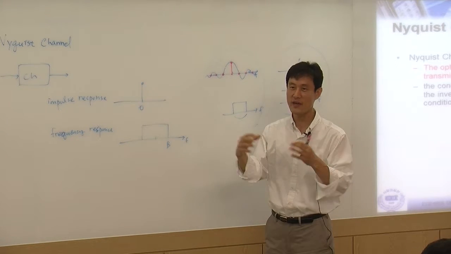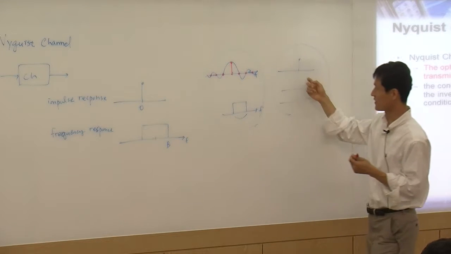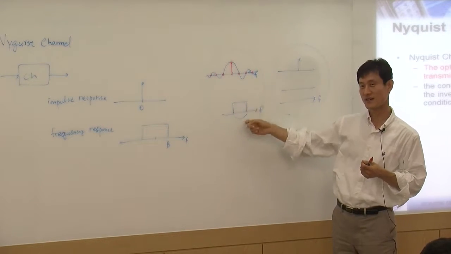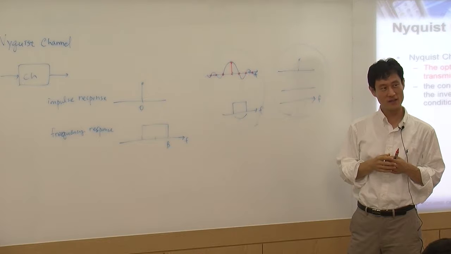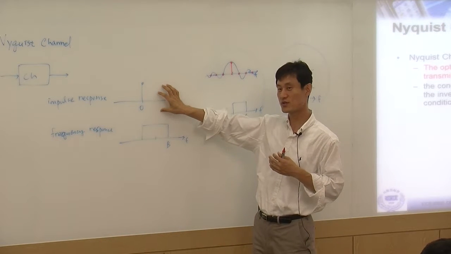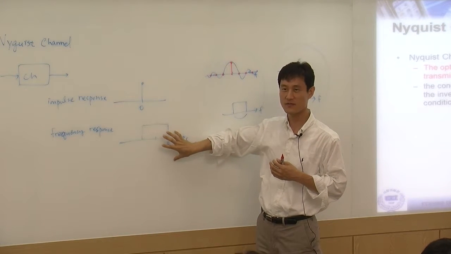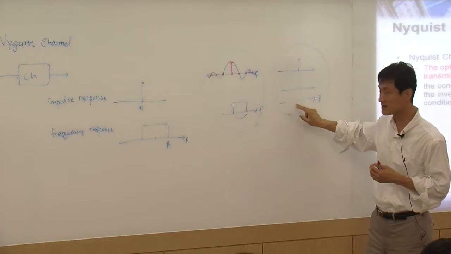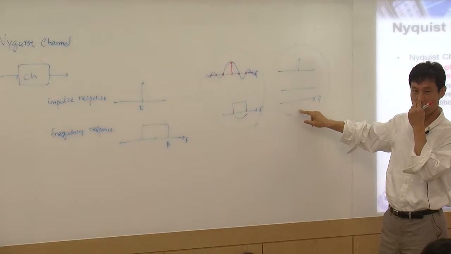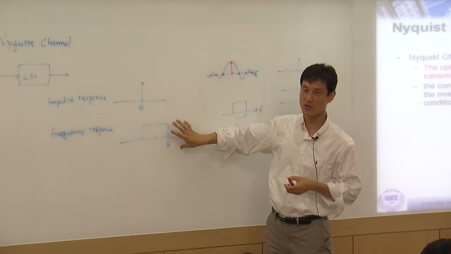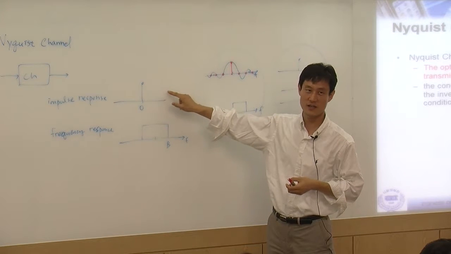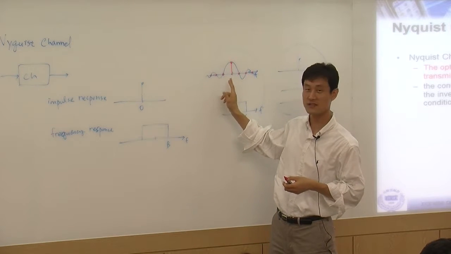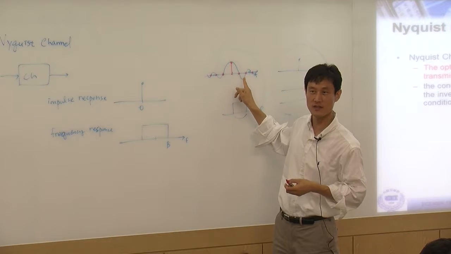These two are not a pair. This is a pair, and this is a pair. If you have this time impulse response, you are not going to get this frequency response. You're going to get this. And if you want to get this frequency response, you are not going to get this time impulse response. You're going to get this instead, the blue one.